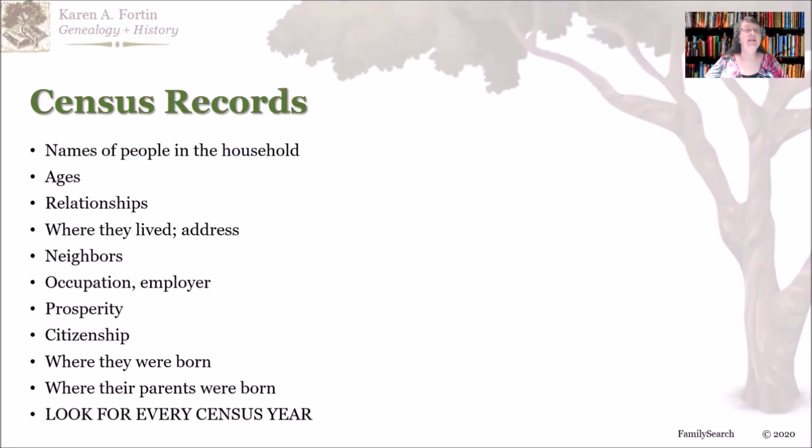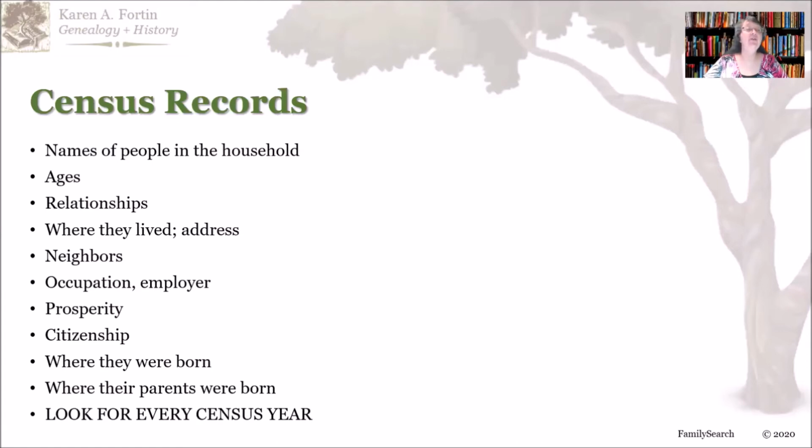In the United States, a census has been taken every 10 years since 1790. However, the information that you can get varies greatly from record to record, depending on which questions were asked in that census year. In the earlier records, they only asked for the name of the head of the household, and everybody else was grouped by age ranges and genders.